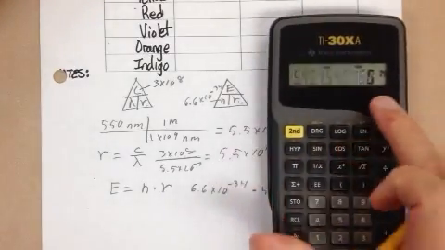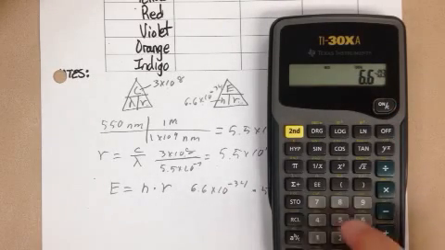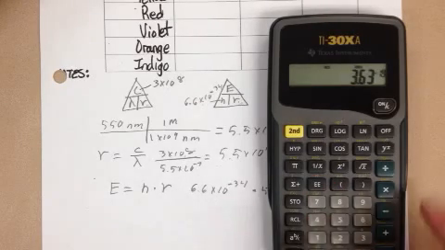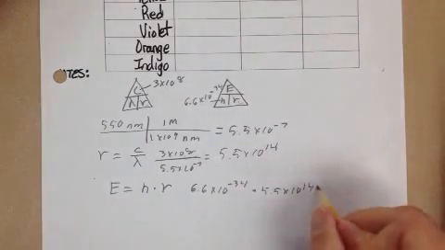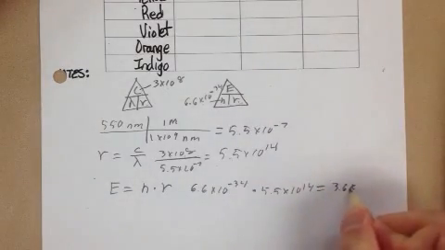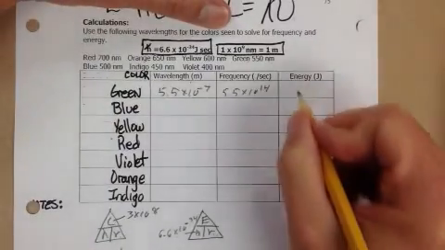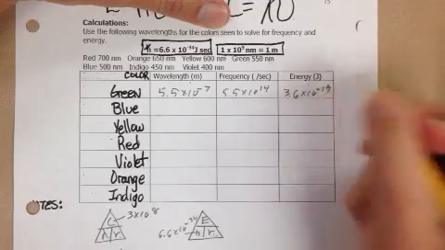I'm going to take my 6.6 EE negative 34 times 5.5 EE 14, equals. And I get 3.6 times 10 to the negative 19. And this is in joules.